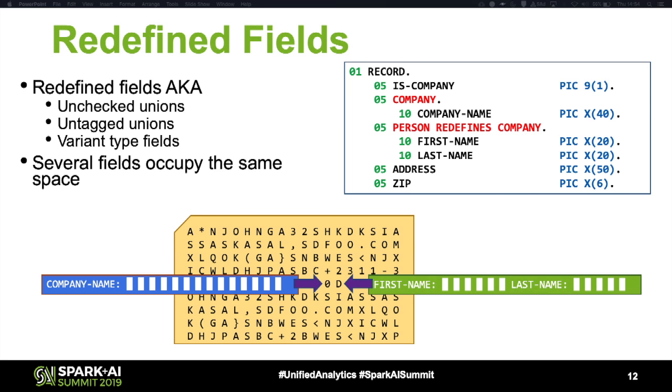So if we know that a record could contain either a company or a person, we can save 30 bytes of space by redefining one field over another. So for every record, only one of the set of the fields can be meaningful. And this is a concept similar to unchecked unions, variant types, that you can see in other languages.